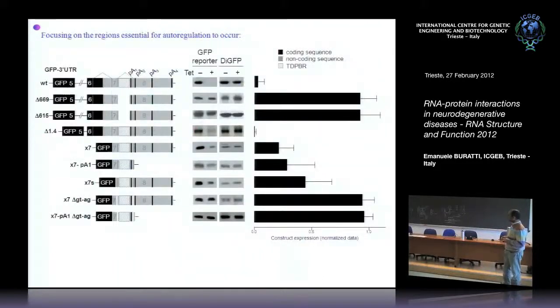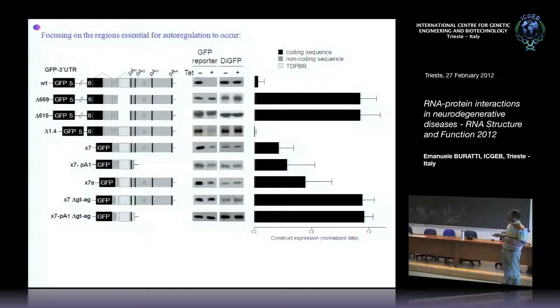And this is just to give you an idea of just how important is this splicing of intron 7, and therefore the removal of poly-A1 from the 3' UTR of TDP43, because we made a very complex series of constructs where we deleted several regions and portions of the 3' UTR, but the bottom line is that if you remove several regions, you still get some degree of autoregulation.